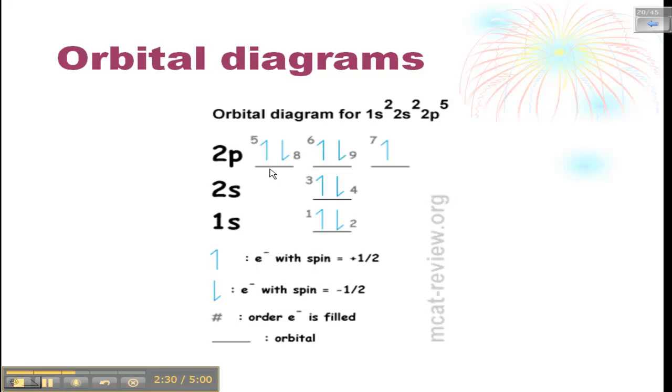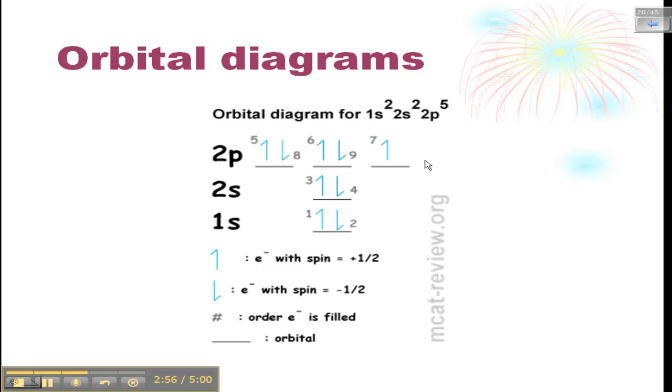Think of these as px, py, and pz. These are degenerate. They have the same amount of energy, but you can only pair the electrons after you occupy each orbital. Remember that electrons are negatively charged, so they want to be as far away from each other as possible, and they enter different orbitals to make that happen.